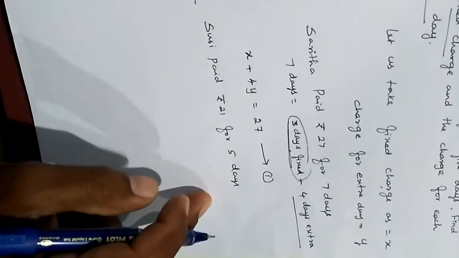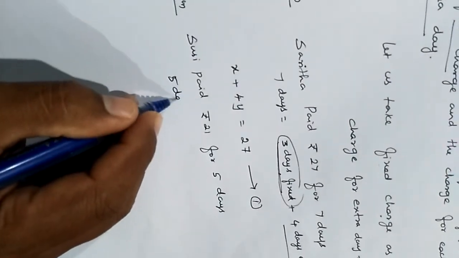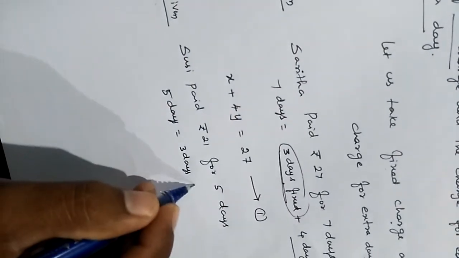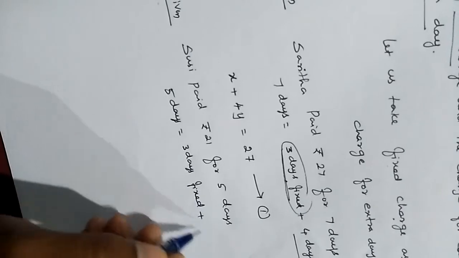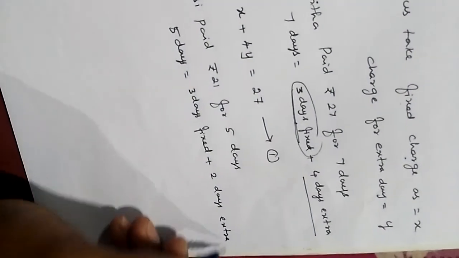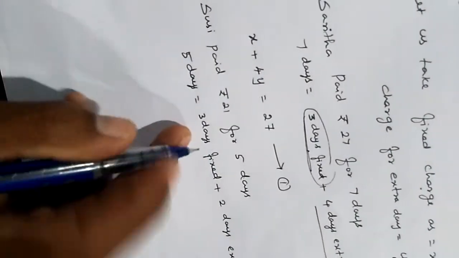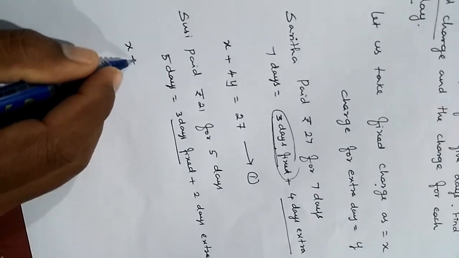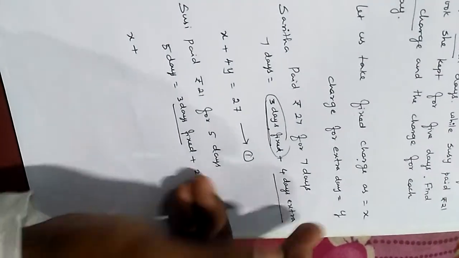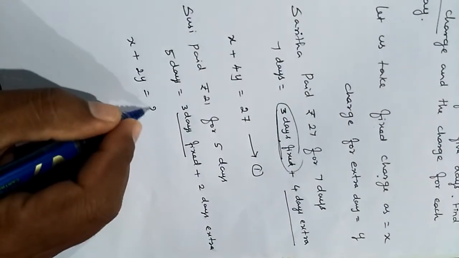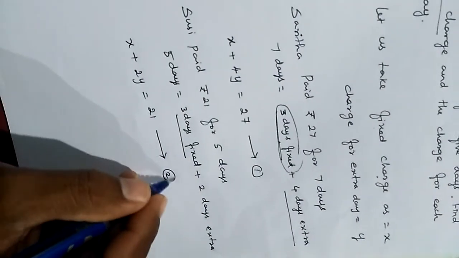So in the 5 days, how many days is already a fixed charge? 3 days is a fixed charge, plus 2 days only extra charge. Then the fixed charge we have taken as x variable, plus the extra charge we have taken as y, but how many days extra? 2 days extra, so x plus 2 into y equal to rupees 21 is the second equation.